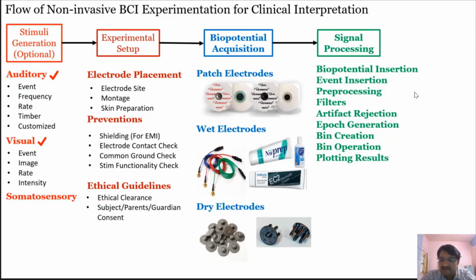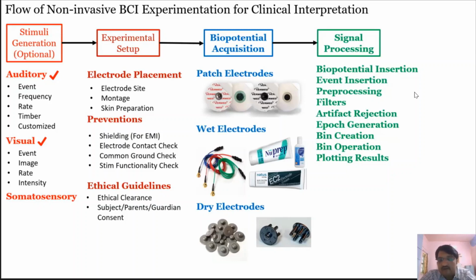In Asian countries it is 50 hertz, and in the US it is 60 hertz. So both notch band stop filters are available in any current EEG acquisition system. But you can still put one more layer of safety by implementing it in your software or in MATLAB.